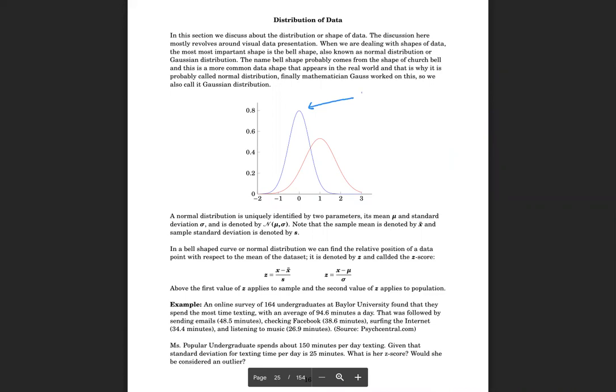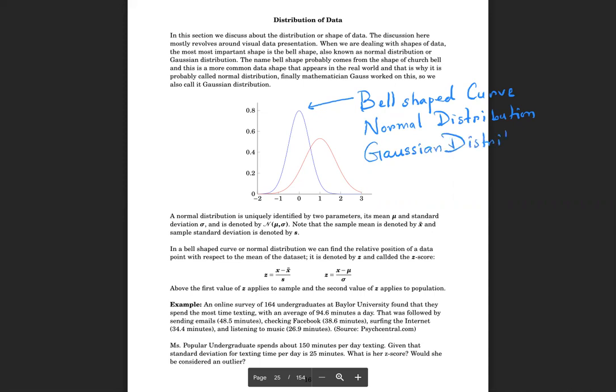This is the bell-shaped curve, also known as normal distribution, also known as Gaussian distribution.